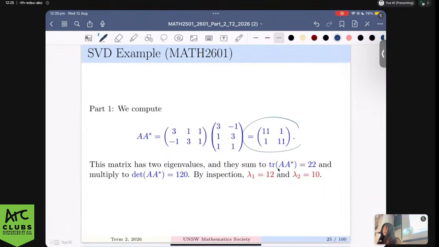From here you want to find the two eigenvalues, so you consider A minus lambda I and set its determinant equal to 0. If you consider the trace, lambda 1 plus lambda 2 is equal to 22, and the determinant, lambda 1 times lambda 2, is equal to 120, you can rearrange to find lambda 1 and lambda 2. But this example is nice because you can see by inspection that lambda 1 is equal to 12 and lambda 2 is equal to 10.